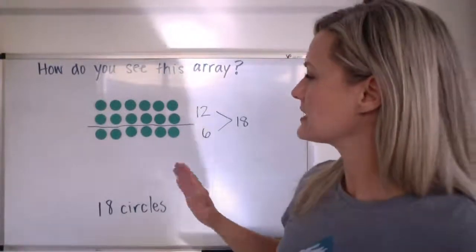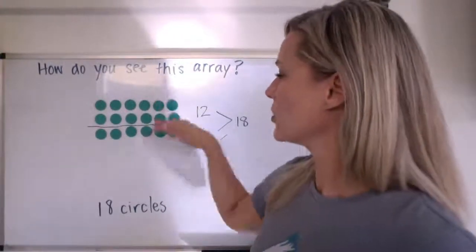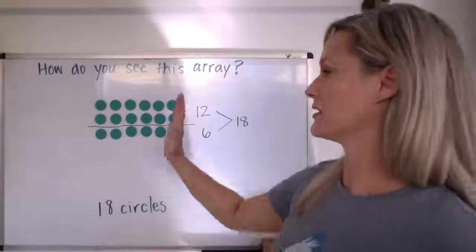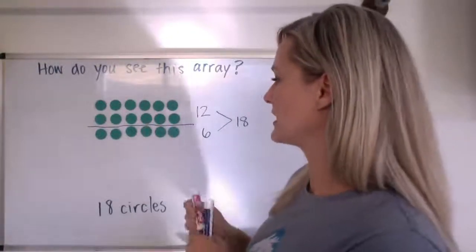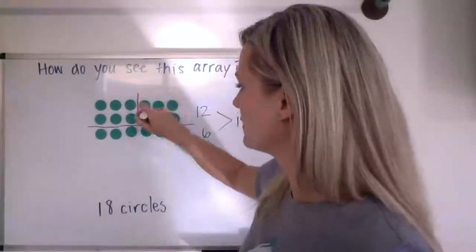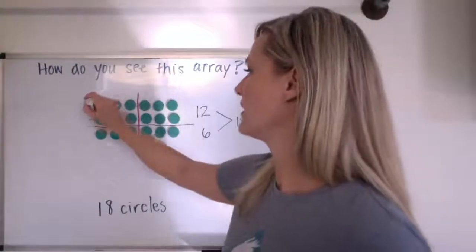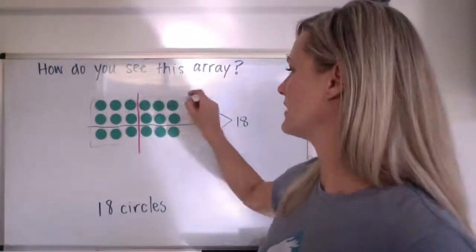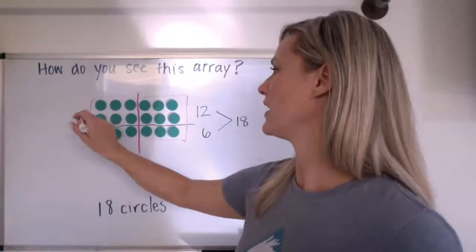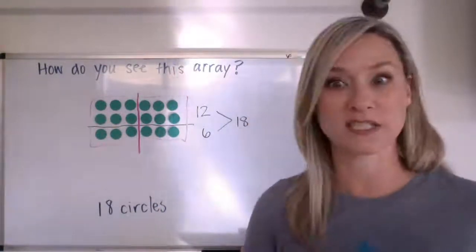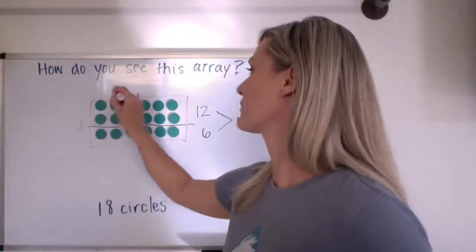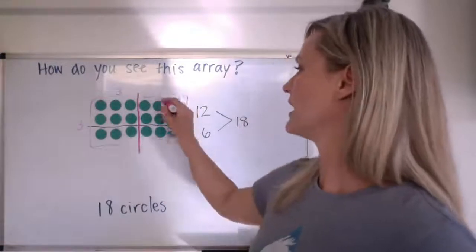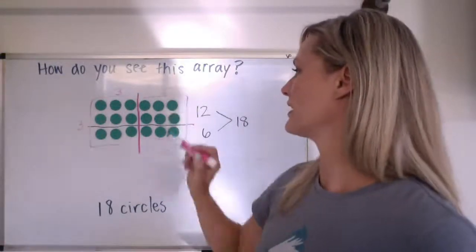I'm going to guess that some of you didn't look this way horizontally, but maybe you looked vertically and split it in half. And you just thought about these here and these here. So this would be a perfect square. We've got a 3 by 3 right here and another 3 by 3 right here.